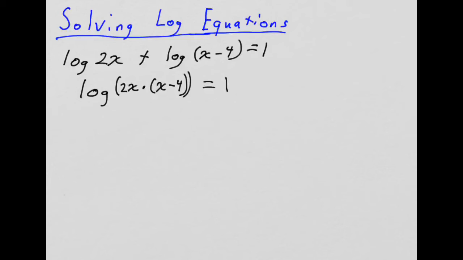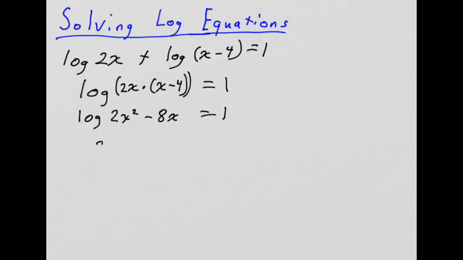And so I want to expand that out a little bit. So I'll have log of 2x squared minus 8x equals 1. This is common log. Since there isn't a number here, that means that the base is 10. And so we'll rewrite it.